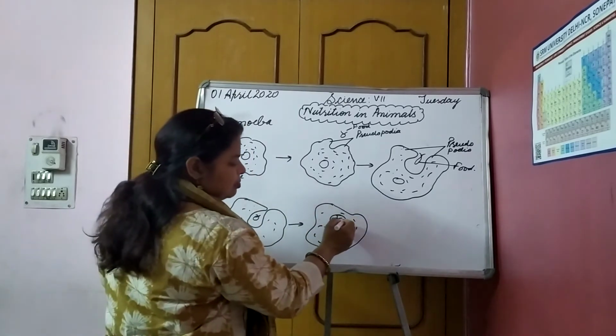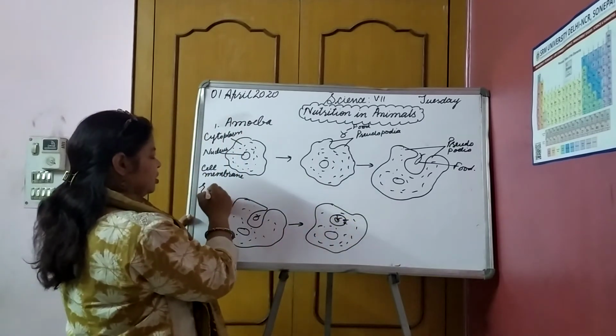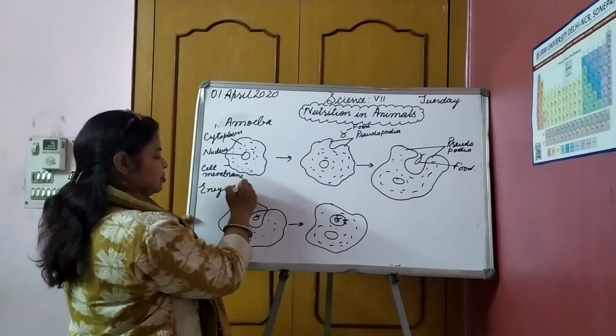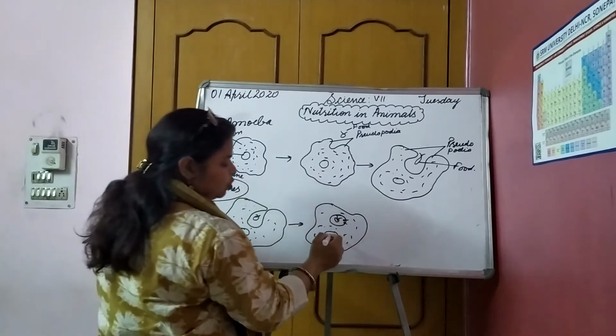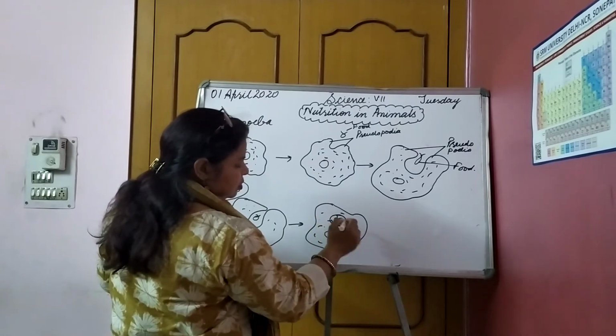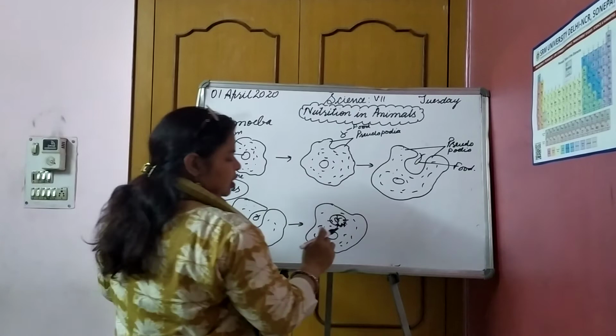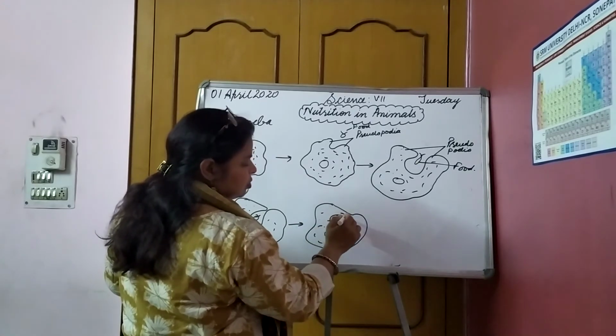Now some enzymes, a new word, enzymes I would call here. These are the chemicals which are going to break down this food. Okay. Now once the food has been broken down, what will happen?